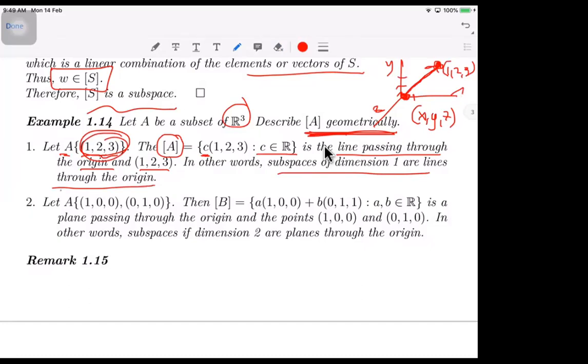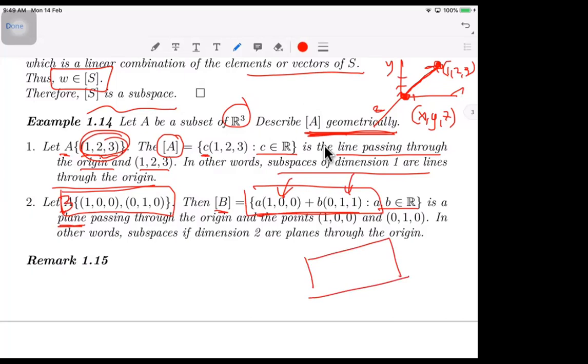Say, for example, you have a set 1, 0, 0 and 0, 1, 1. Then the span, this is supposed to be B. The span of B is the linear combination a times the point 1, 0, 0 and b times 0, 1, 1, where a and b are constants, is a plane. So it is a plane, like a sheet of paper, no? A plane passing through the origin and these points.